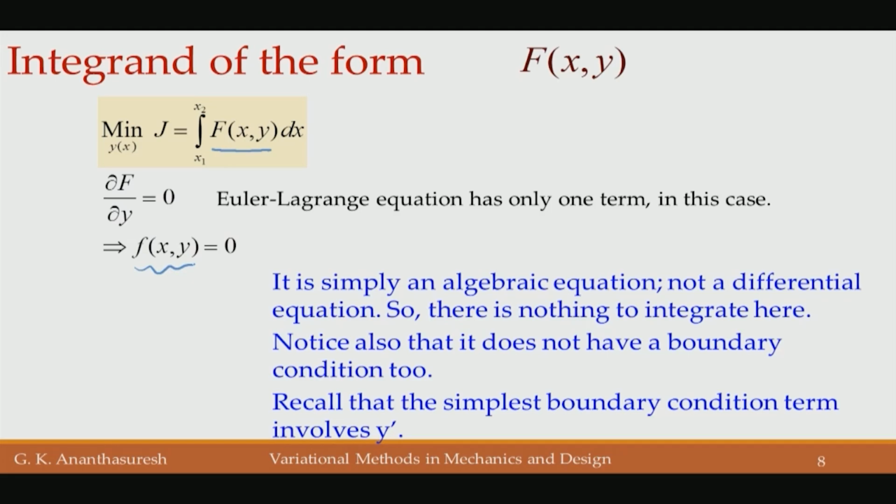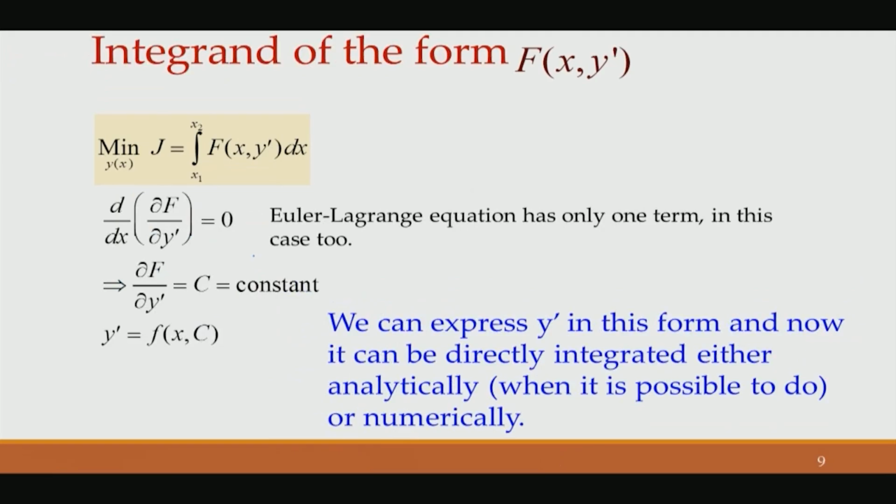This is more like an algebraic equation because there is no derivative of y. You have a solution already. Okay. And there are no boundary conditions also, because even the simplest boundary condition involved the integrand's dependence on y prime. Since in this case it does not depend on y prime, you get a very simple solution here. It may be implicit, does not matter, but you got a solution, an algebraic equation.